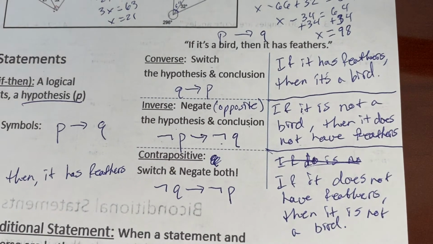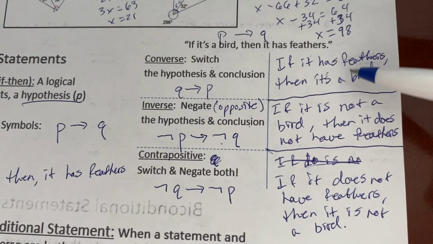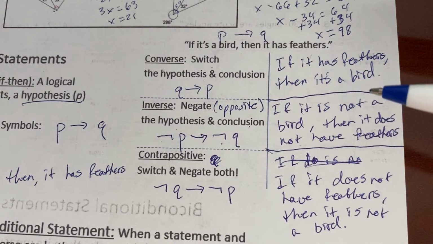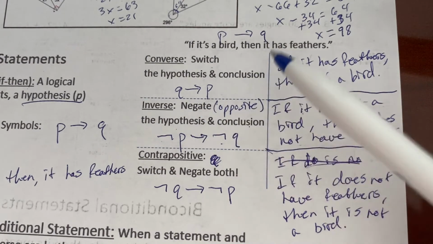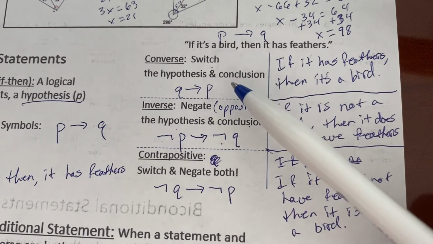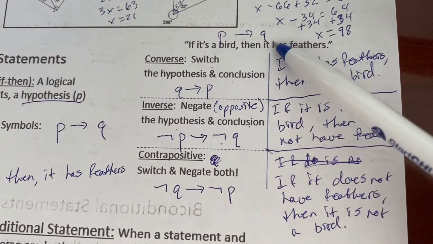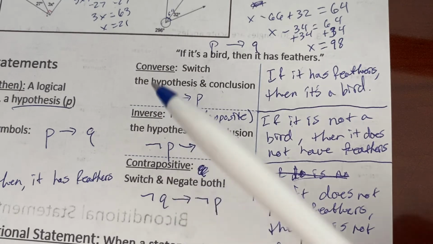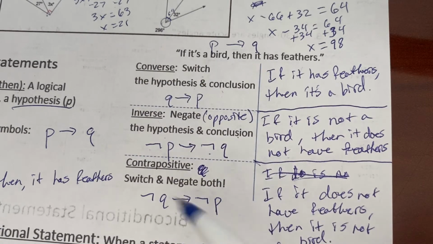Okay? And when you're doing these, they don't always have to be true. Okay, so if you're going through here and you're saying, oh my gosh, that does not make any sense, mostly this is just a pattern, okay? So for converse, you just switch them. Inverse is negating or taking the opposite of both. Contrapositive is doing both the converse and the inverse, okay? Switching them and negating them.